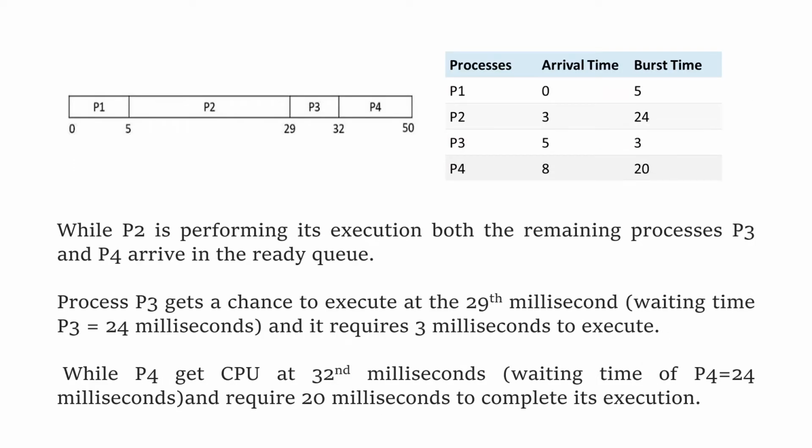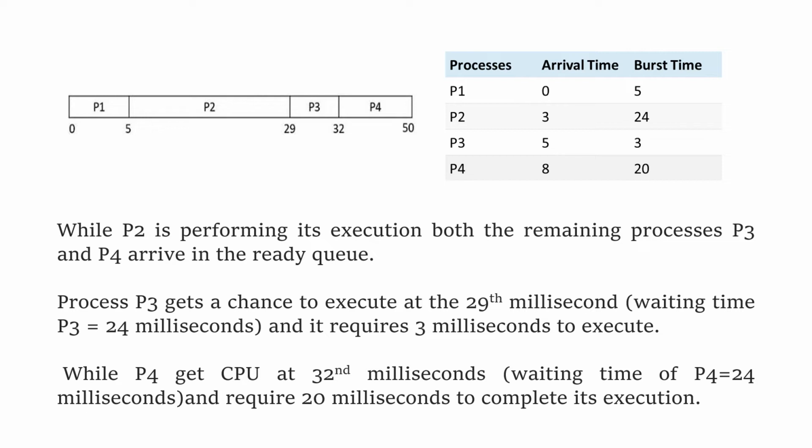Then we can see P3 and P4. While P2 is performing its execution, because P2 has a burst time of 24 milliseconds, during that time the processes P3 and P4 arrive in the ready queue. Process P3 gets a chance to execute only at the 29th millisecond, where the waiting time of P3 is equal to 24 milliseconds because it arrives at the 5th millisecond when the process P1 completes.